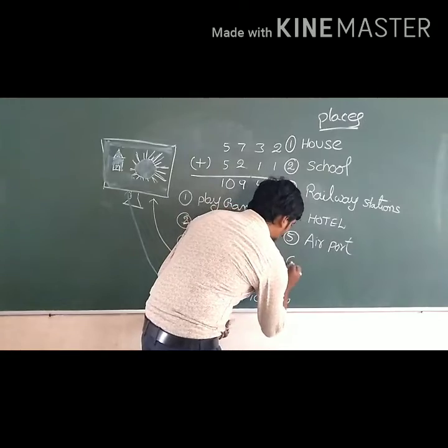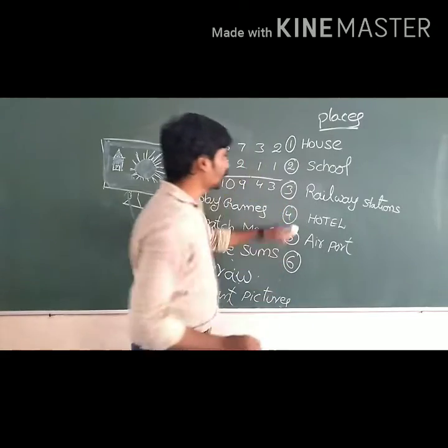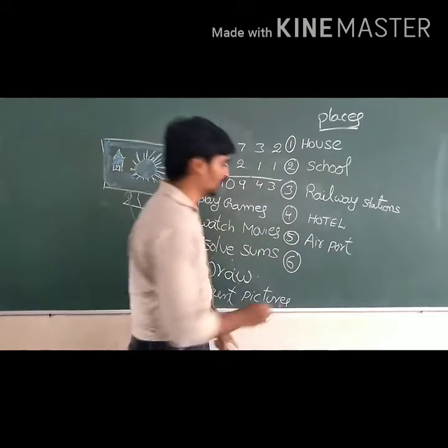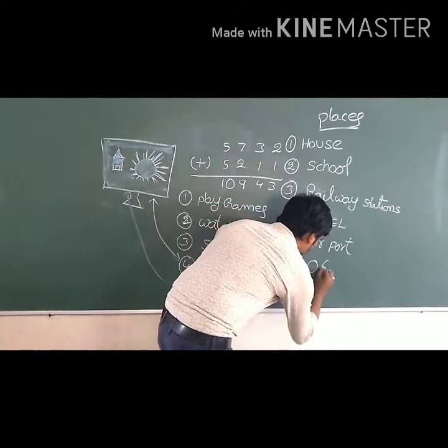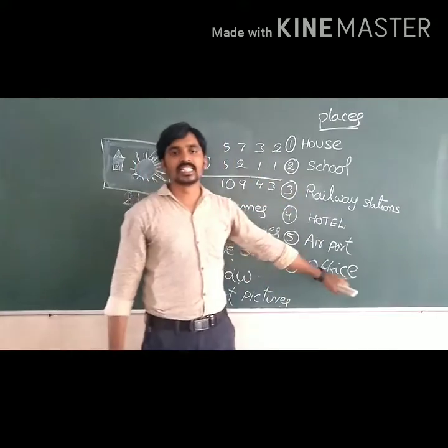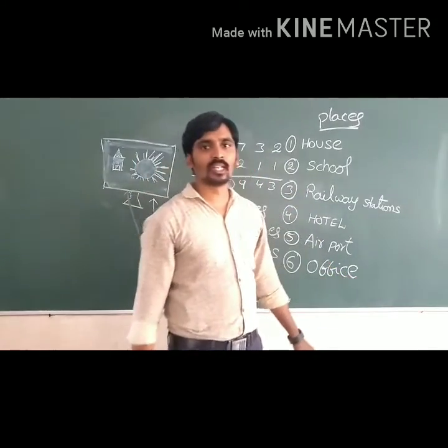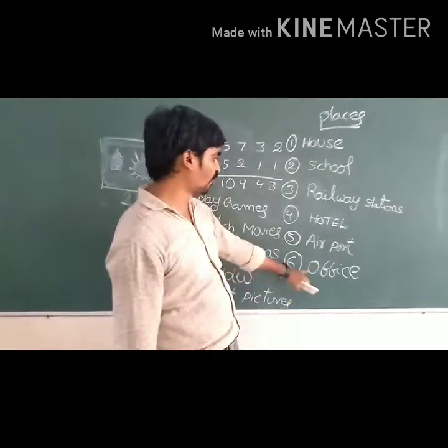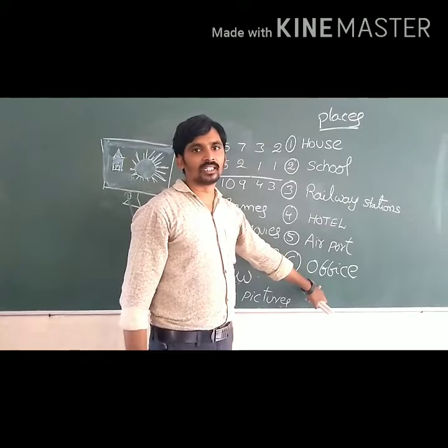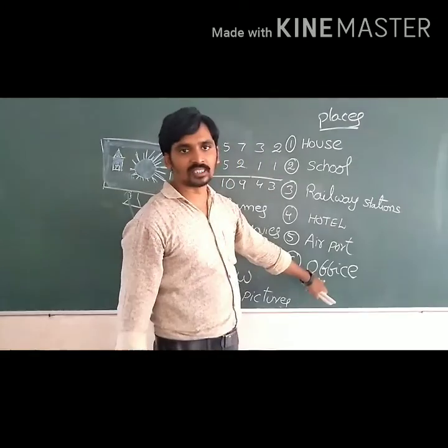And sixth one is office. Railway station, hotel, school, airport, and office. Which one using? Office. O-F-F-I-C-E, office. Any employee's name, store the data by using the office.